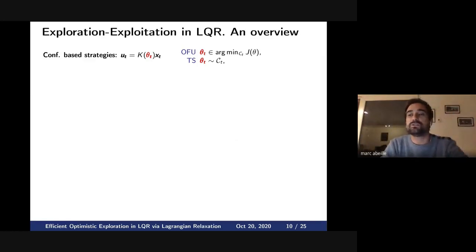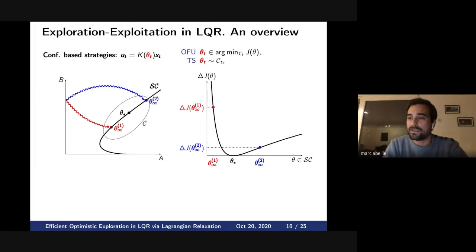And essentially, by choosing a parameter within the confidence ellipsoid, one can bias the estimation without damaging the closed-loop identification. The underlying idea behind optimism in the face of uncertainty in LQR, and in some sense Thompson sampling, if we see it as a randomized instance of it, is to leverage the following property.